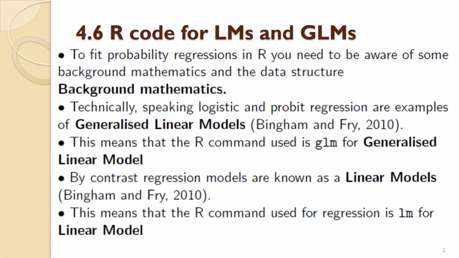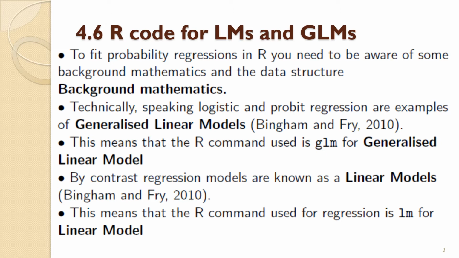Okay, so technically speaking, logistic and probit regressions are examples of something called generalized linear models. This is a technical maths term, it just means essentially a posh way of saying harder regression model. Because these are harder regression models, the R command you use is GLM, for generalized linear model, so it reflects this technical maths term.